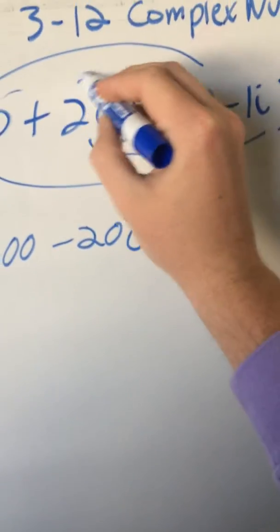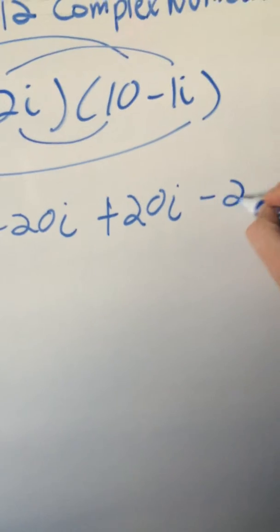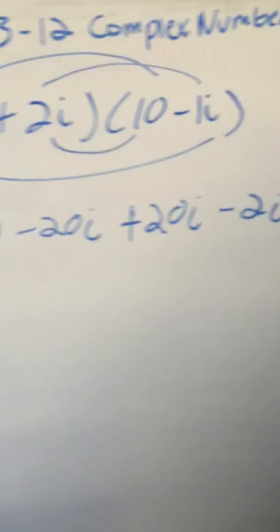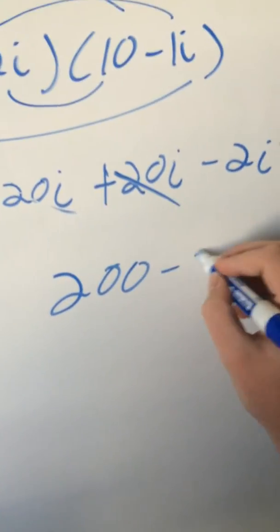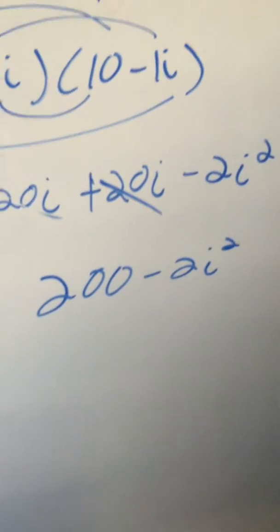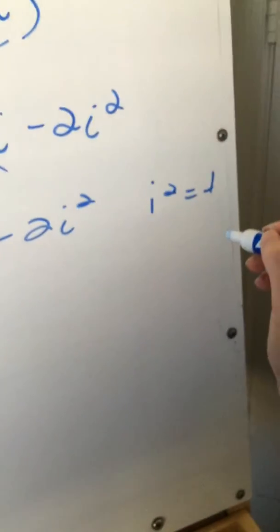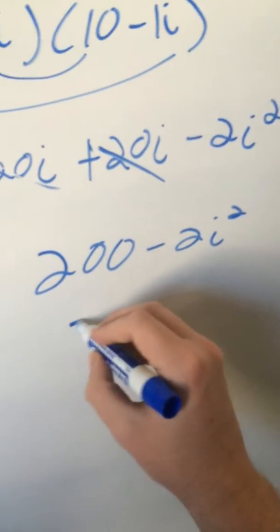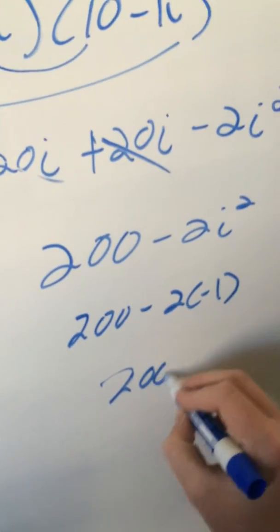Combine this with that, so you get plus 20i, and then minus 2i squared. The negative 20i and 20i cancel out, so you get 200 minus 2i squared. But now, since we have i squared, you have to simplify that. i squared is equal to negative 1, as we said. So we do 200 minus 2 times negative 1. So it'll be 200 plus 2, 202 is our answer.